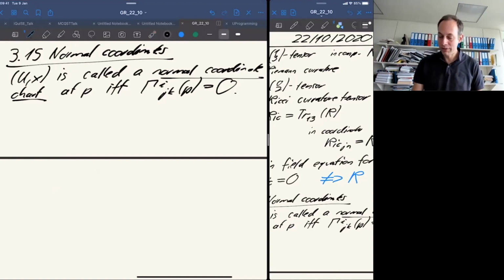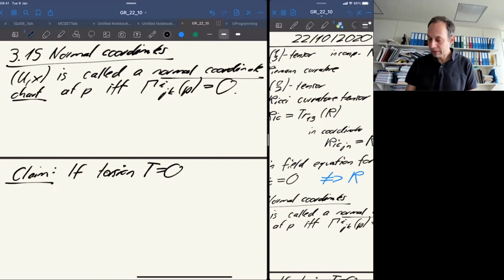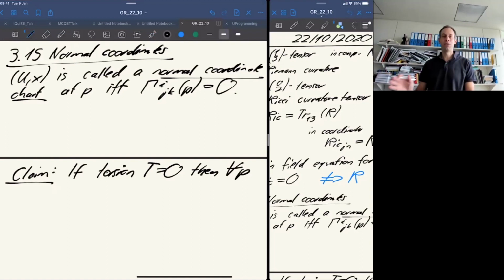And why do I stress this one point so much? The reason is that we can prove the following claim. If the torsion T, so T is now not an arbitrary tensor here, it's the torsion tensor, is 0, then at any point, so I don't, by the way, always repeat that we are working with a differentiable manifold and so on, so that's always underlined.